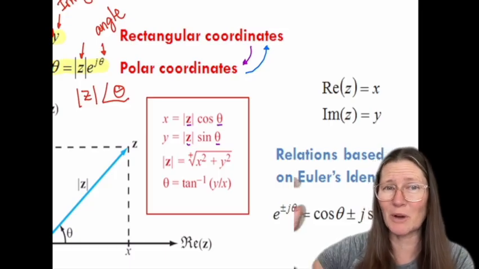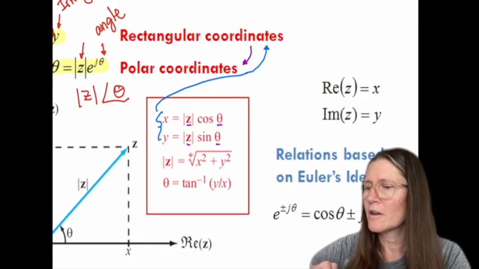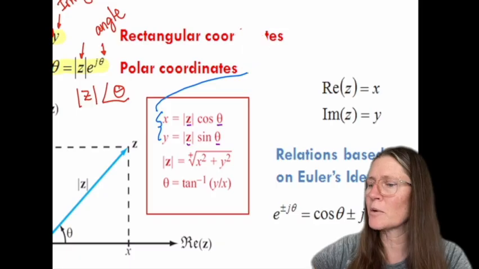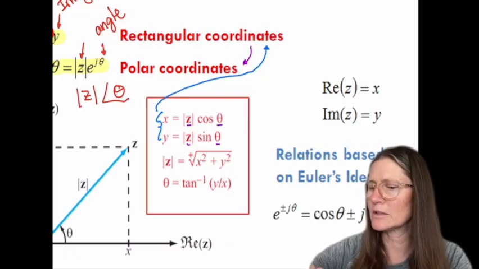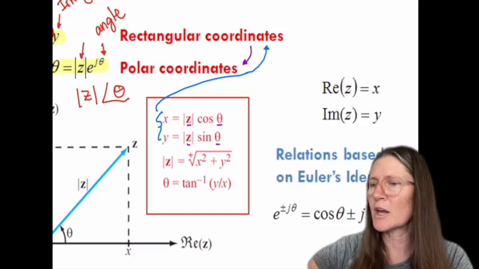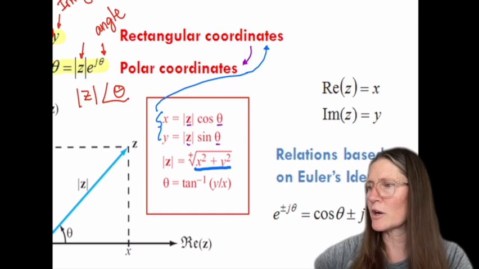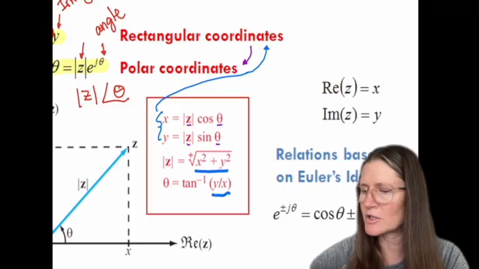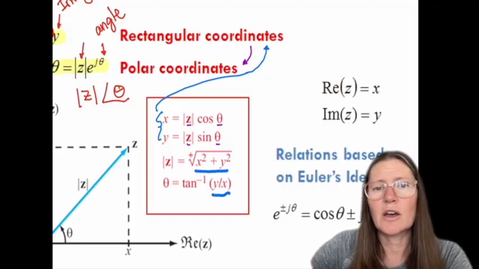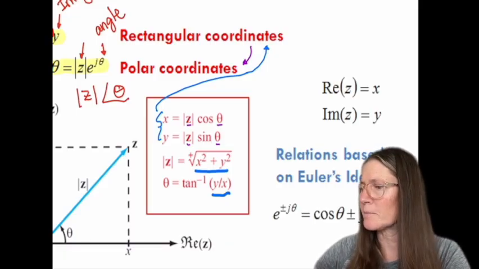So polar to rectangular are these. And then if you're going from rectangular to polar, you take the imaginary squared plus the real squared and square root it, and then you take the inverse tangent of imaginary over real to get the polar theta.